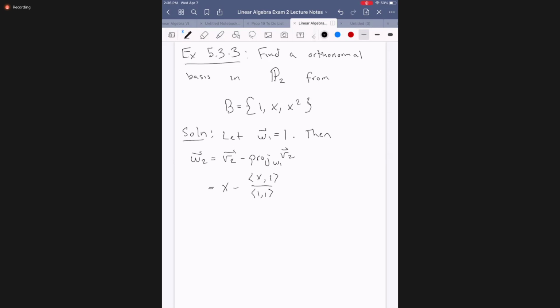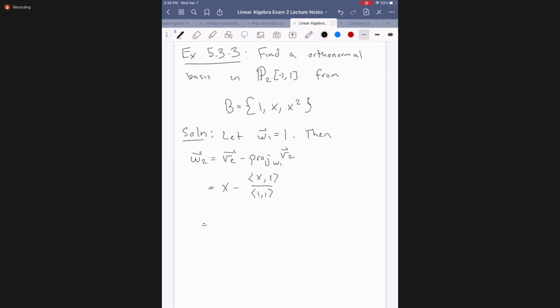Yeah, the integral, right? I should say, on the interval -1 to 1, so you have limits of integration.